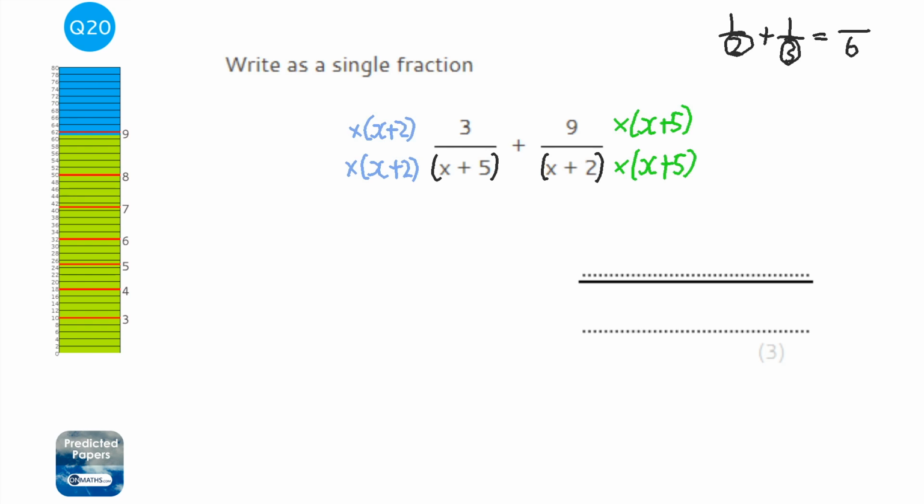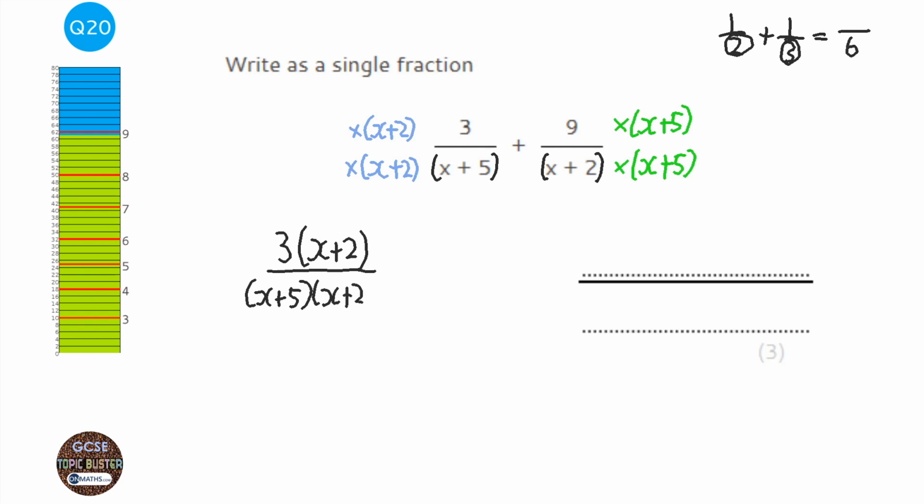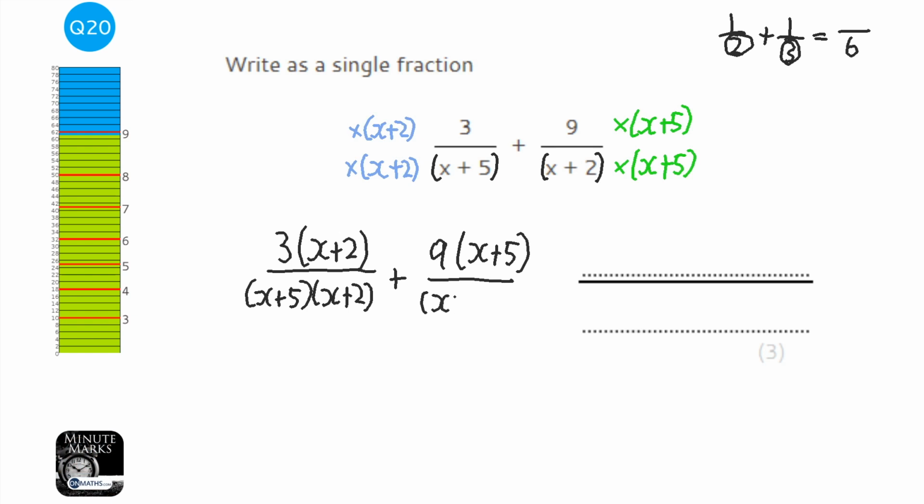Okay, so when I do that, I've got 3 times x plus 2 at the top, and then I've got x plus 5, x plus 2, plus 9 times x plus 5 over x plus 5, x plus 2. I'll write x plus 5 first, just so it looks the same.